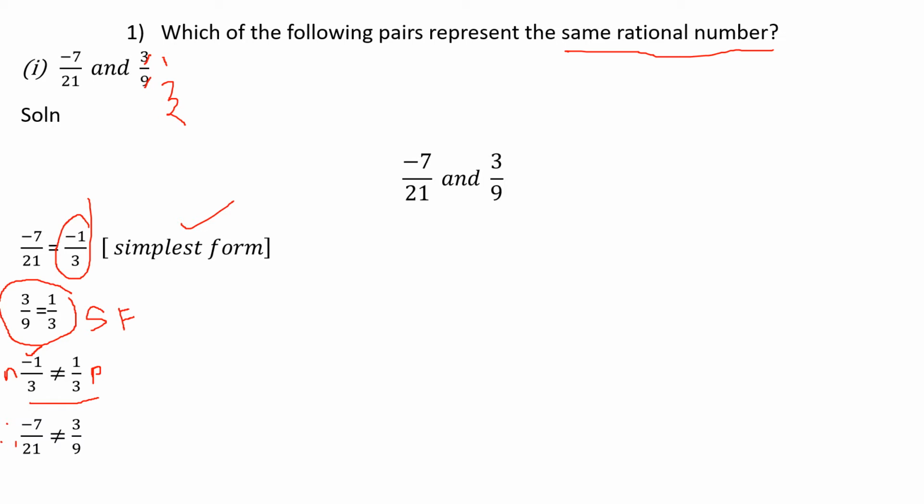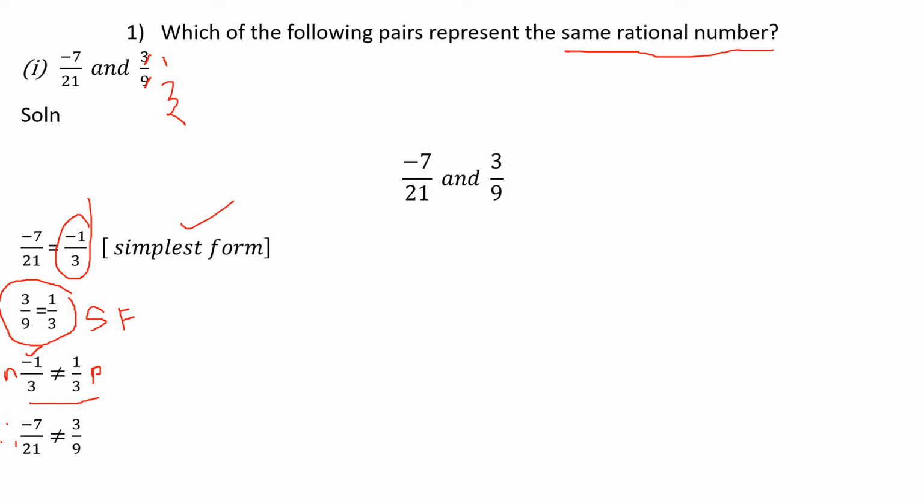We will write minus 7 by 21 and cancel it and write it in the simplest form. In the same way you will do it for 3 by 9 also: cancel it and write in the simplest form.